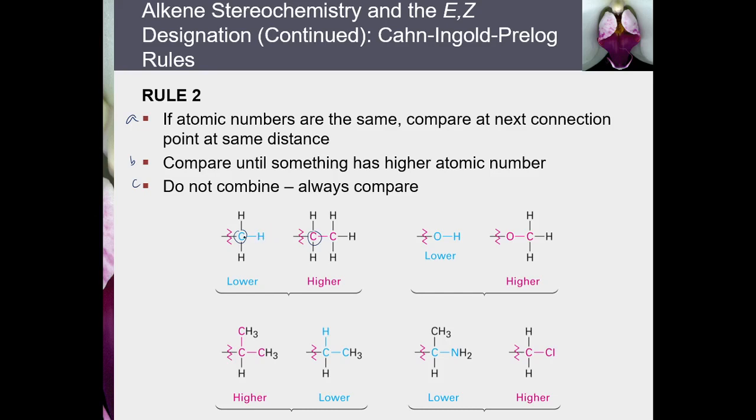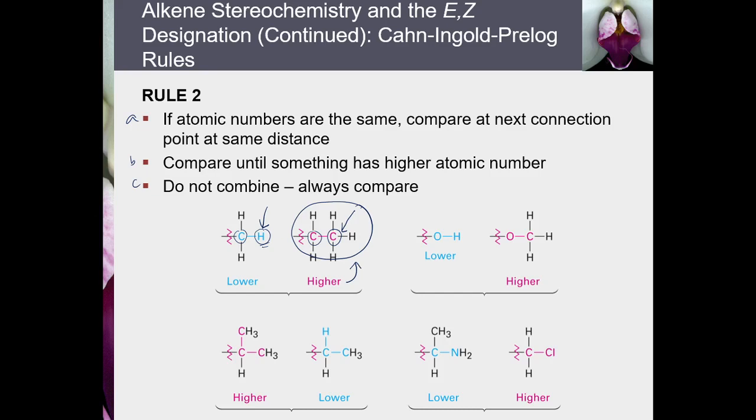So, dito, yung carbon dito is bonded to a hydrogen. So, yung hydrogen yung i-consider natin. In this part, meron ka ulit carbon. So, ito yung i-consider natin. So, hydrogen versus carbon. So, mas mataas yung atomic number ng carbon. So, that's why this portion will be given the higher priority.